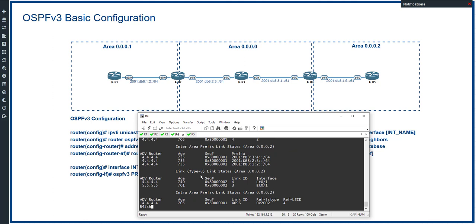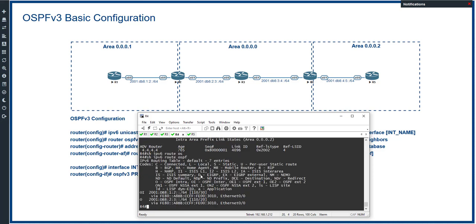After that, router 4, show IPv6 route, okay, OSPF. We have 2001:DB8:12::/64, this network, and this is the inter-area route with the cost of 30. 10 plus 10 plus 10 equals 30. And then 2001:DB8:23::/64 with the cost of 20. 10 plus 10. So easy.